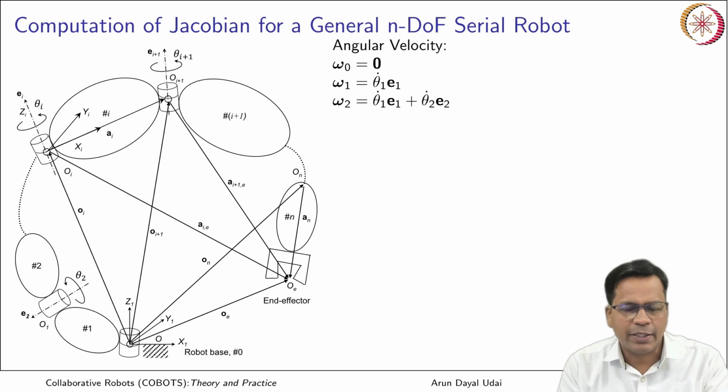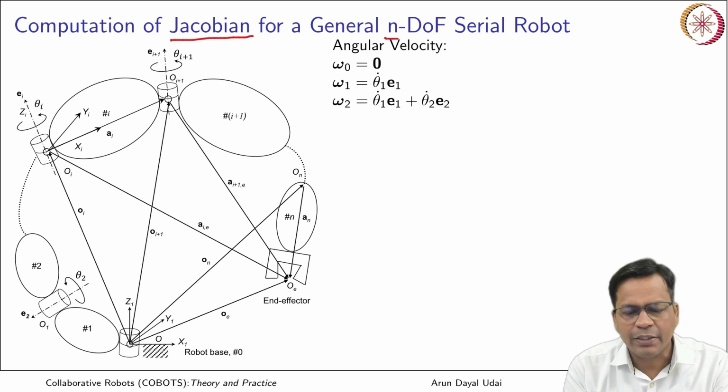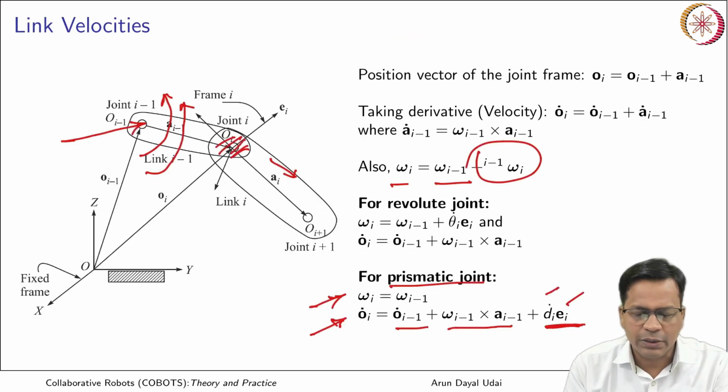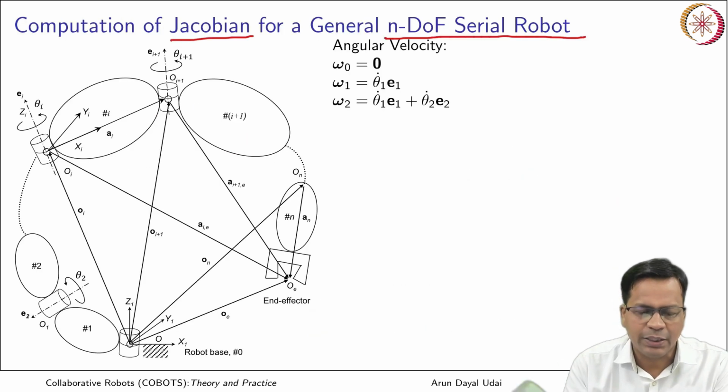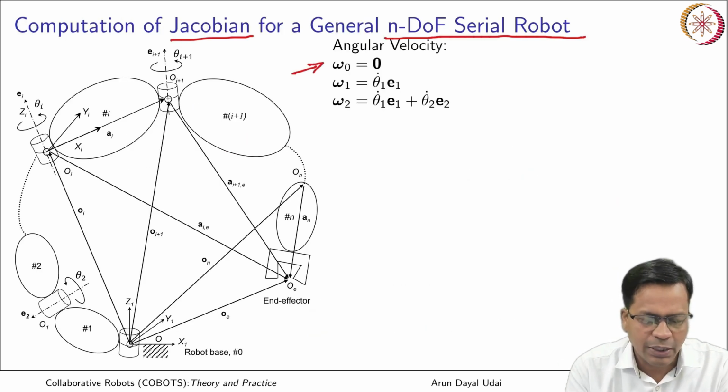Let us see if we can calculate Jacobian using the vector matrix approach for a general n degrees of freedom serial robot, okay. Moving on with the similar analogy, the way we did it here, okay. Omega 0, angular velocity. So this is the structure of this robot, a general robot.